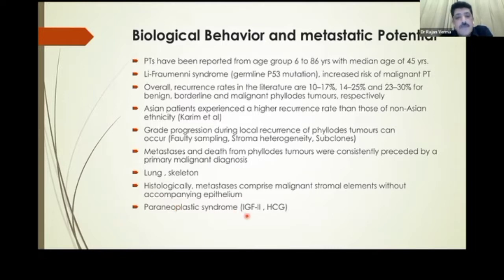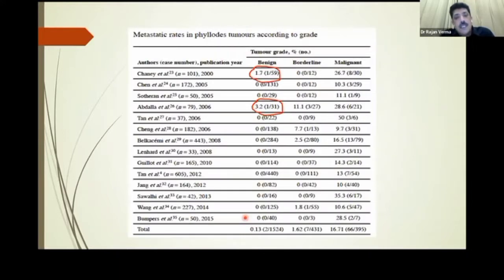Paraneoplastic syndrome has been associated with phylloid tumor. There are cases of insulin-like growth factor 2 and HCG secretion. Some of these patients ended up with hypoglycemic comas also. So this has to be kept in mind. Their metastatic rates have been followed up in multiple journal articles.